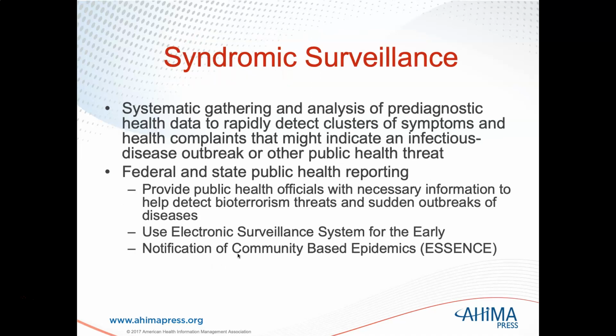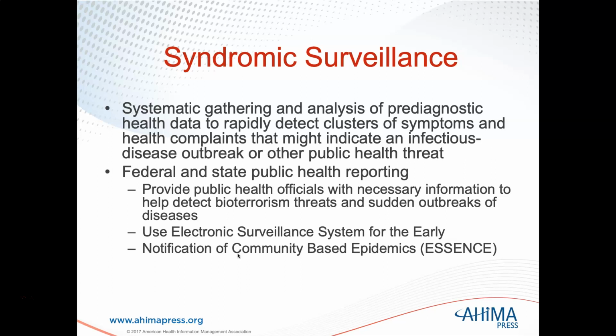So moving on to syndromic surveillance. This is where you have systematic gathering and analysis of pre-diagnostic health data to rapidly detect clusters of symptoms and health complaints that might indicate an infectious disease outbreak or other public health threat.